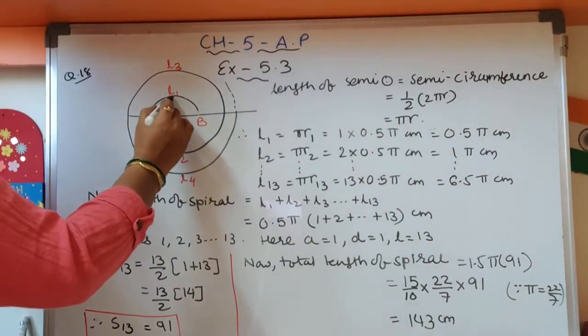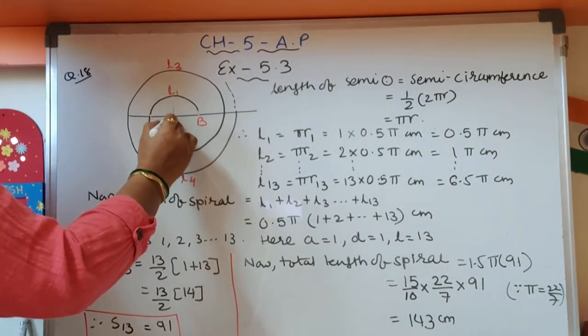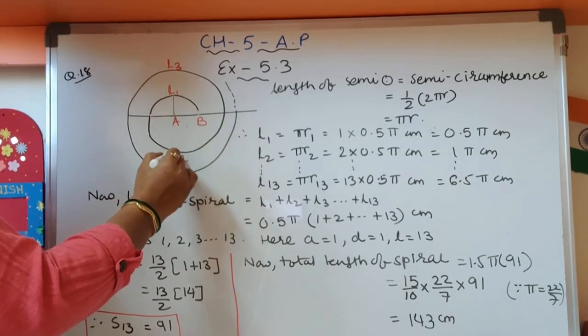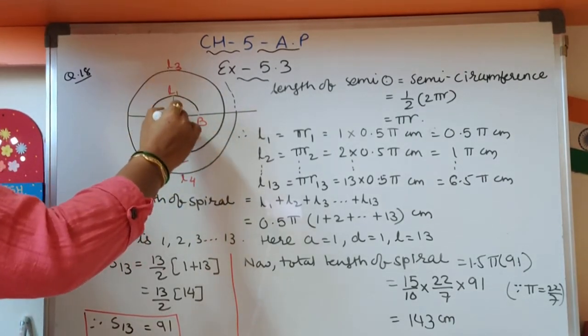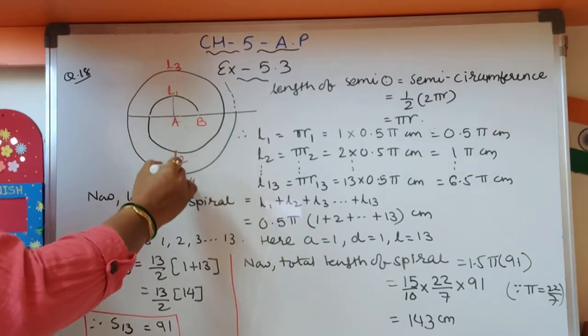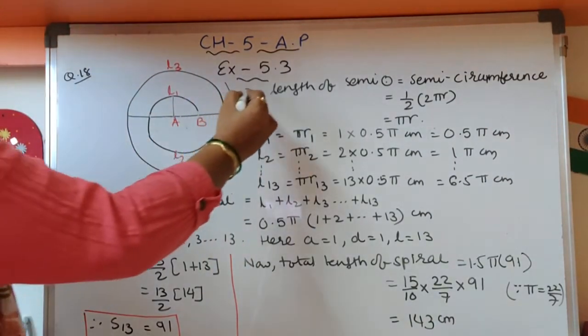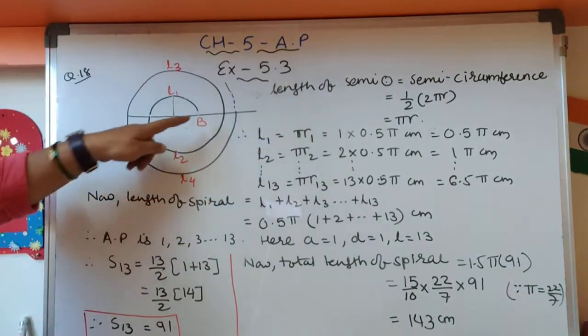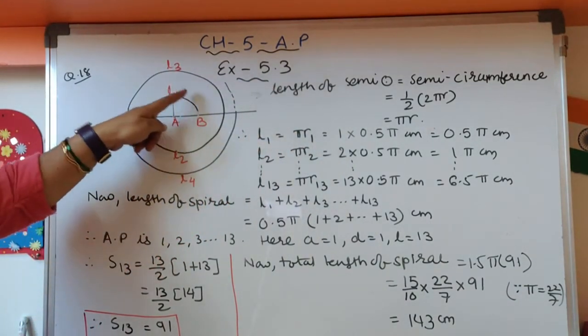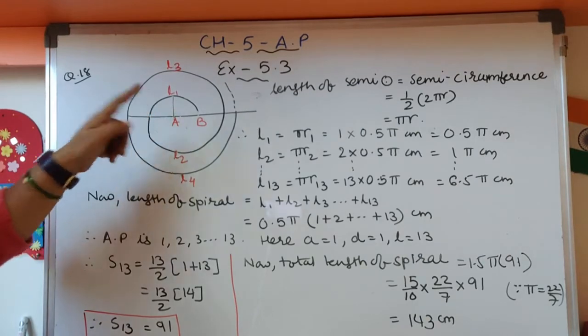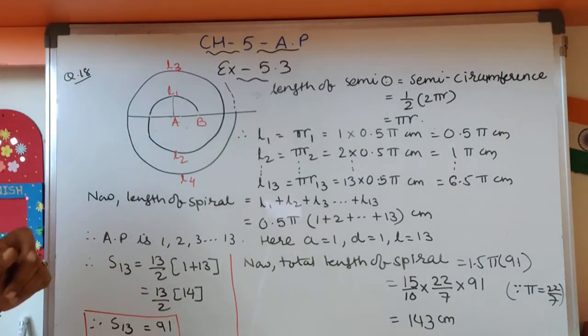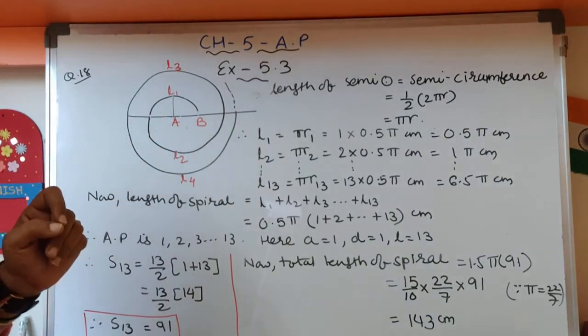Okay. And the radius of L1 is 0.5. For L2 it is 1. For L3 it is 1.5. For L4 it is 2. Okay. So here we can say that the length of a semicircle is a semi-circumference. I hope you know about the circumference.